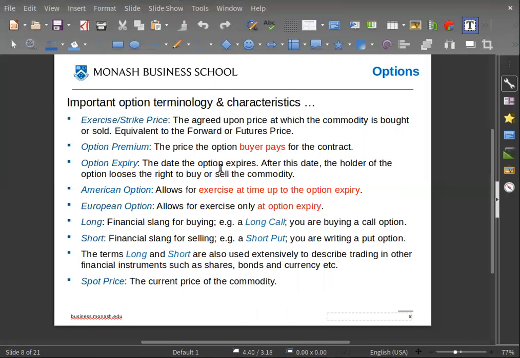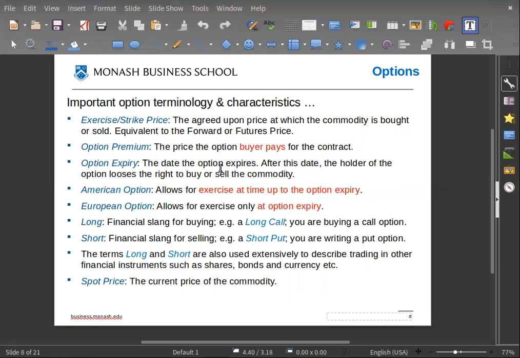This is the non-negotiable part of the option. So whatever amount that the seller or the writer of the option determines, the buyer of the option has to fulfill that.